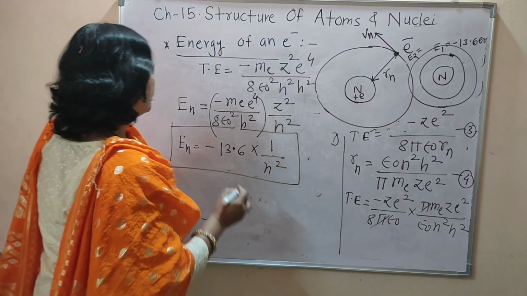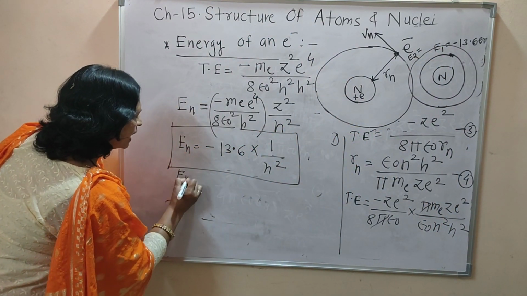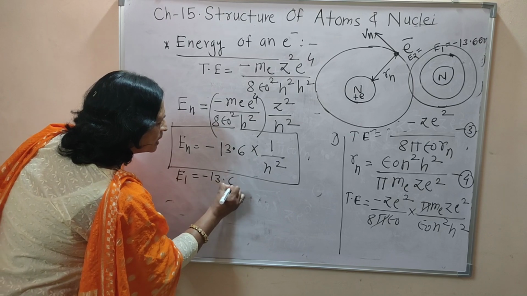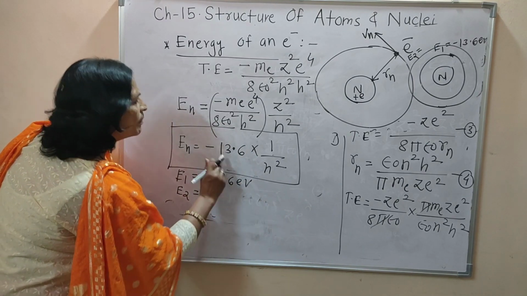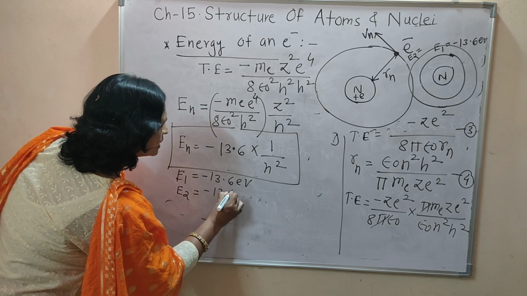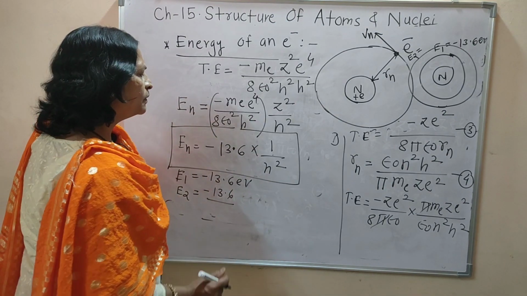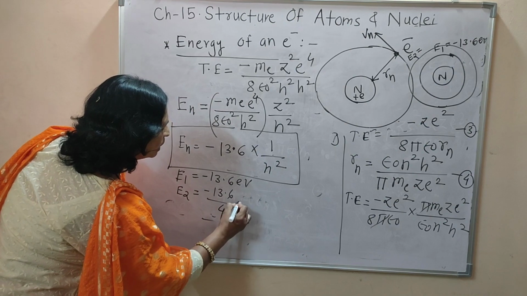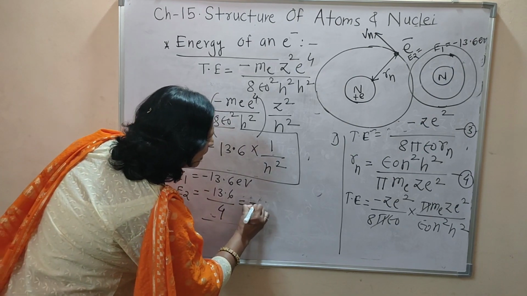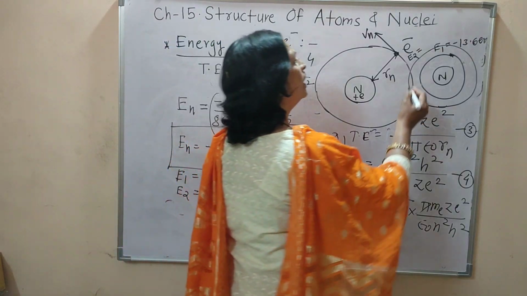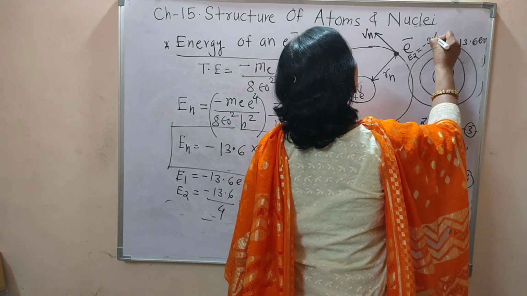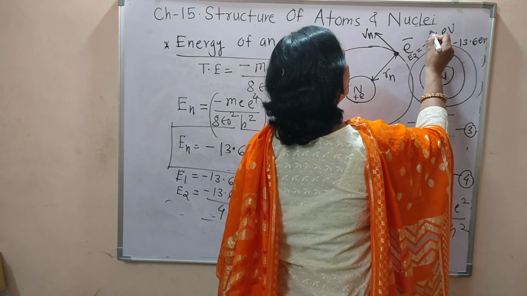Then substitute the formula. E1 is equal to minus 13.6 electron volt. E2 is equal to minus 13.6 divided by n square, that is 2 square, that is 4, and it becomes minus 3.4 electron volt. Means second orbit has energy minus 3.4 electron volt.